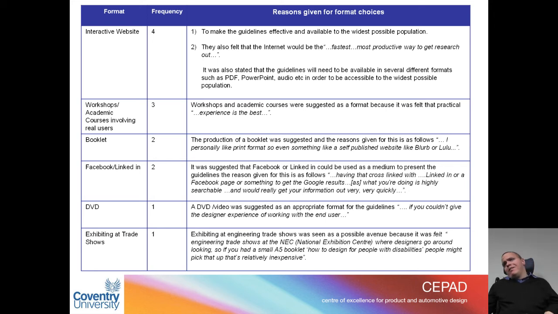So there's a whole myriad of reasons as to why they've been chosen and why people wanted them. And as you can see, the most popular is a website, so we will probably be producing a website, but also we will probably produce guidelines in a variety of different formats so they're accessible to the widest possible population.